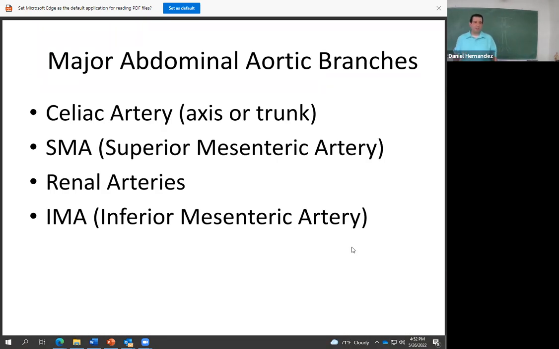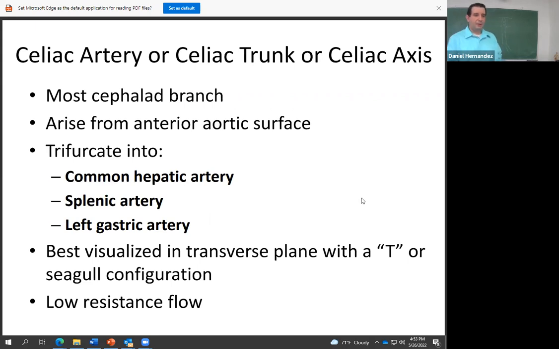So these are the major abdominal aortic branches that we were talking about. The celiac artery, or the celiac trunk, or the celiac axis, all mean the same thing and can be used interchangeably. This is the most cephalad, meaning towards the head; caudal is downward.